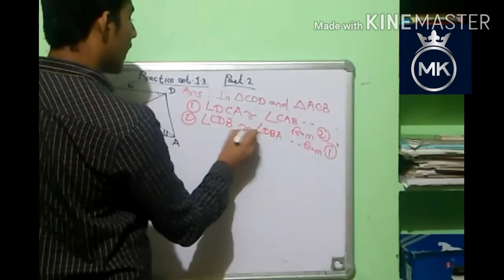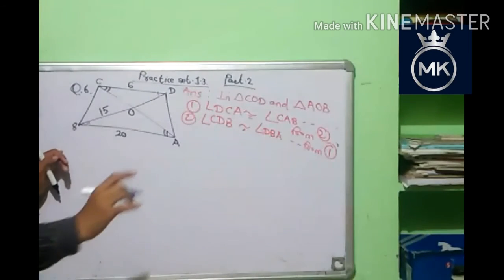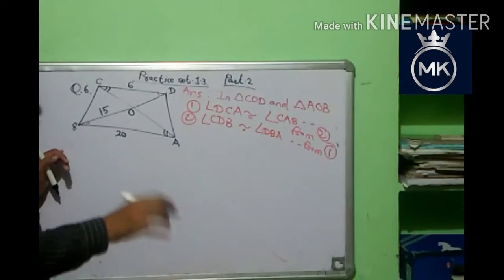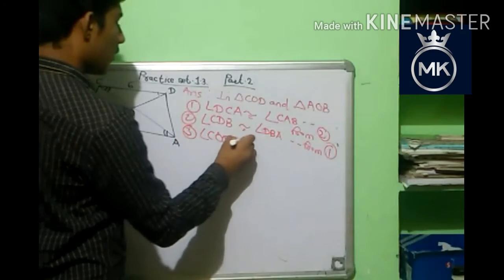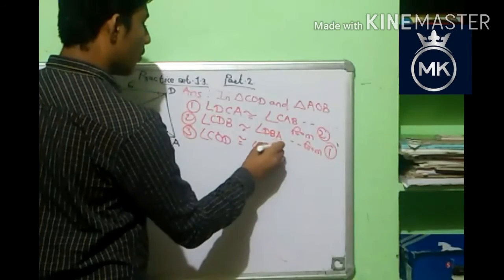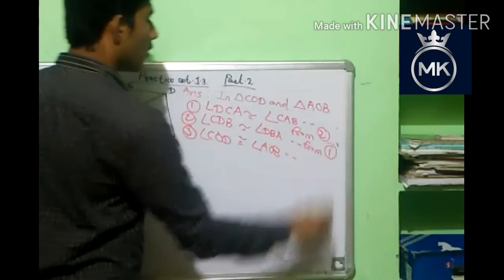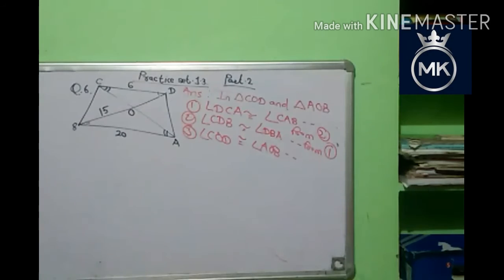Then the third pair of congruent angles: angle COD is congruent to angle AOB. Please first write the reason in the comment box.